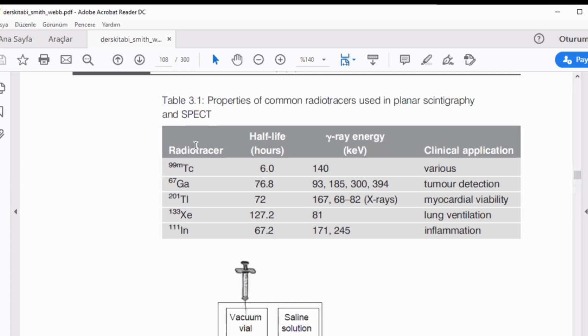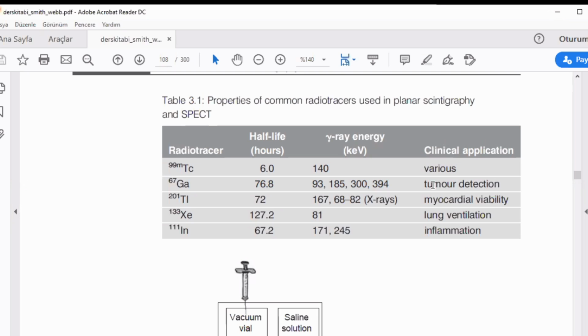So these are the elements used as radiotracers, similar to technetium: 67 gallium, 201 thallium, etc., and xenon are also used with those kilo electron volt energy ranges.